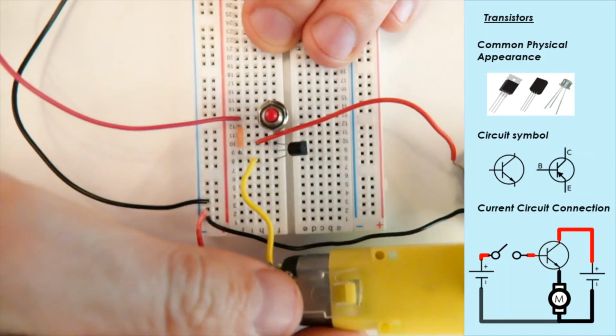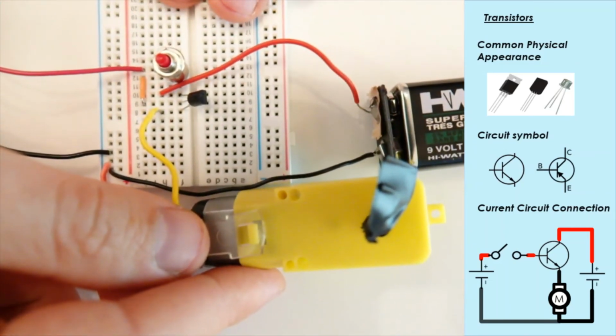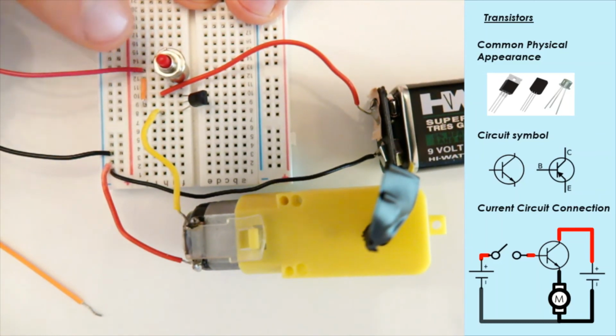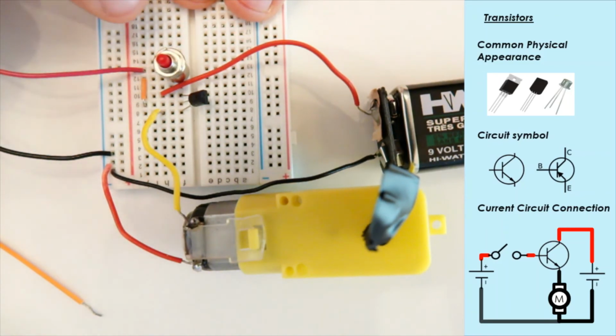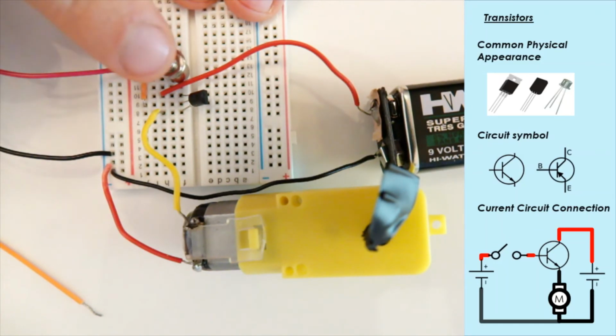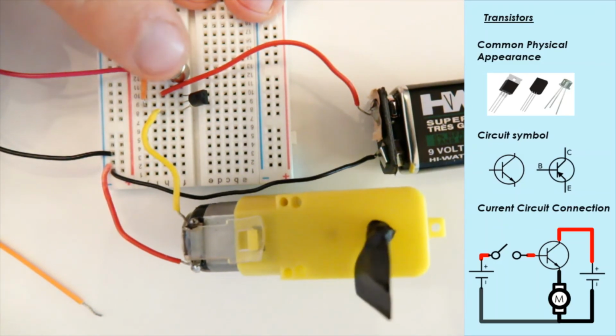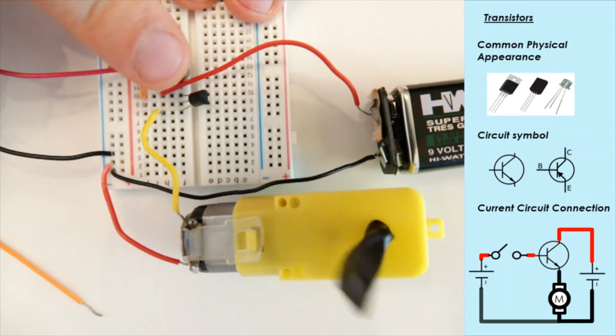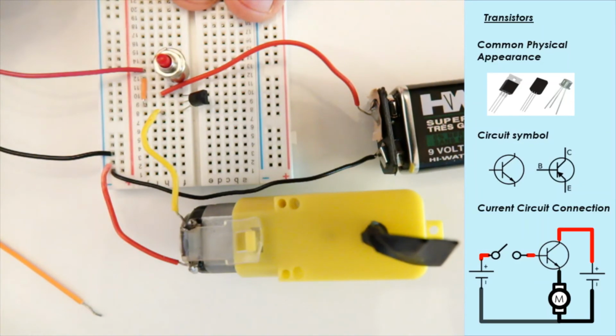Okay, so now if I get this in place, when I press down on the switch, I will close the circuit on the left, and I will force current through the transistor from the base to the emitter. Because this is an NPN transistor, this will allow the current to flow from the right side of the circuit, from the collector to the emitter. So here we can see, as I press down, I'm allowing that current to flow through. And that's it.